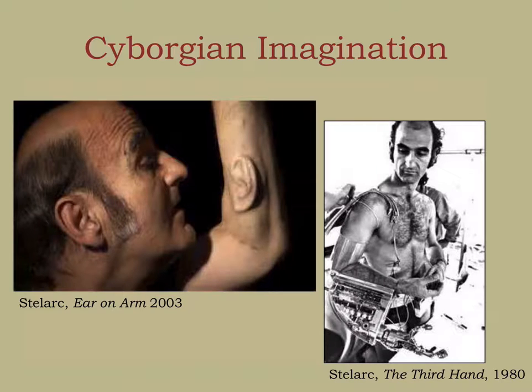So we've got here Stellark's Ear on Arm, and we talked about this in the performance art lecture. And it's for those who didn't attend that lecture or didn't listen to the recording, it was a permanent modification of the body's architecture for Stellark.